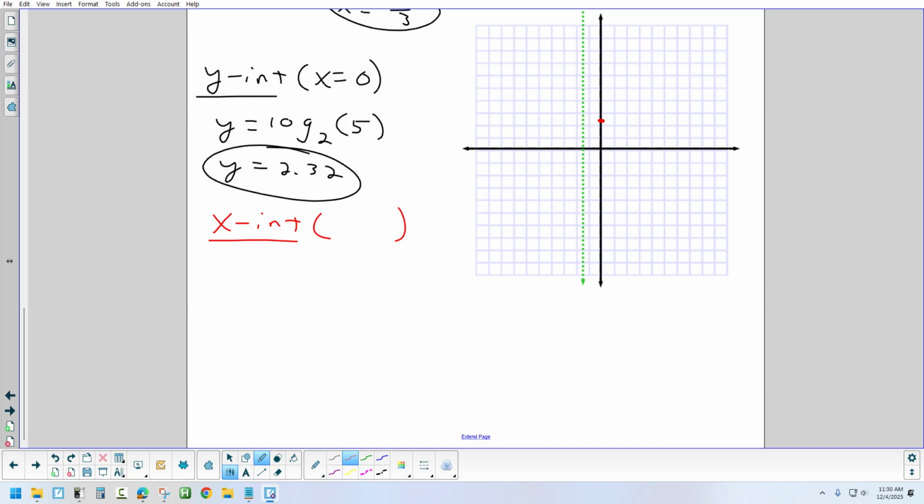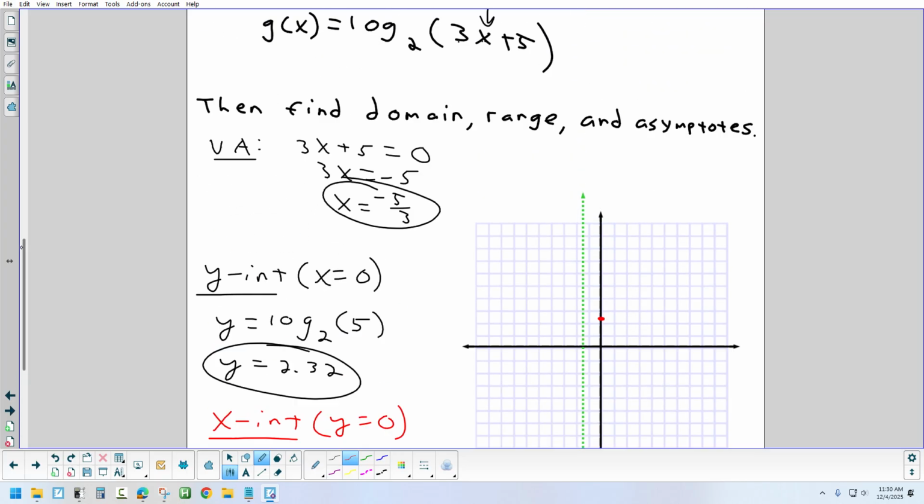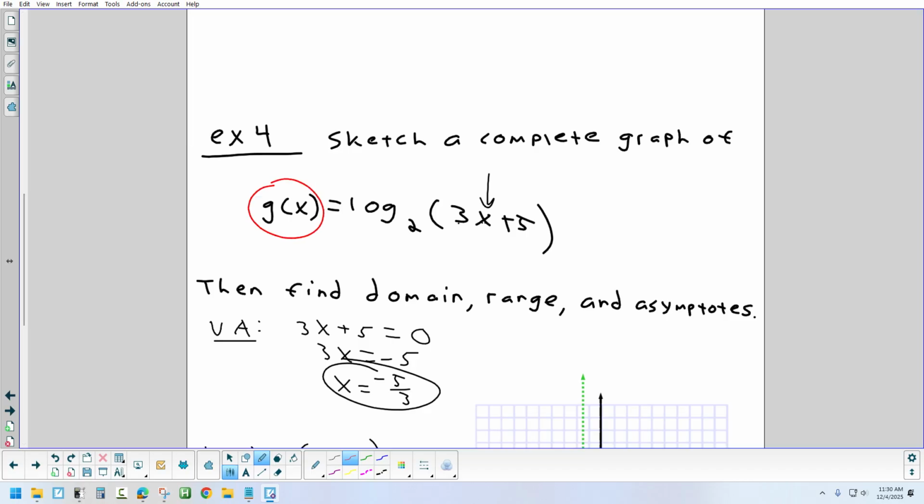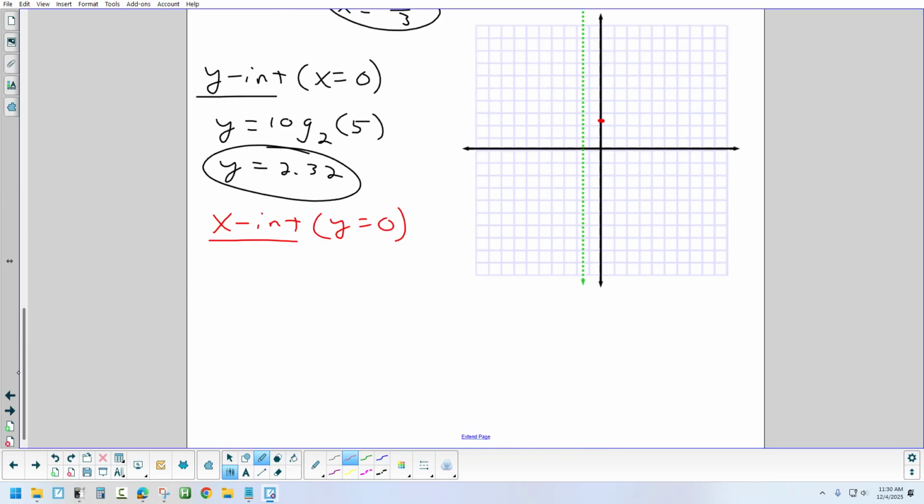Okay, how do we find the x-intercept? Set y equal to 0. So we're going to have 0 equals log base 2 of 3x plus 5. And what can we do with that equation?